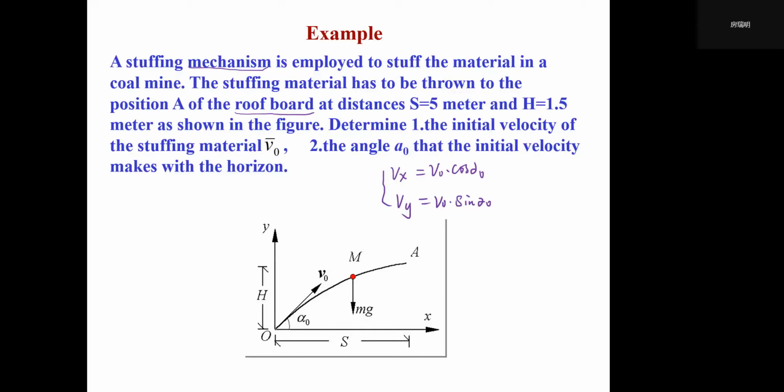So when a body is thrown onto the air, in the vertical direction there is only one external force, mg, so it will have decelerated movement, and this h will determine the time t when it can reach the highest position, right?